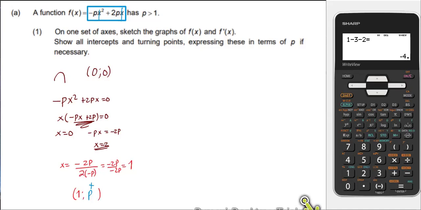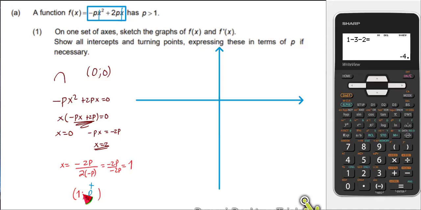I draw my Cartesian plane. Let's look for the x-intercepts. We had them: one is 0, one is 2. So it's going to cut here, and the other one is 2 there. Then I need the axis of symmetry. It's going to be the line exactly in the middle of the graph.